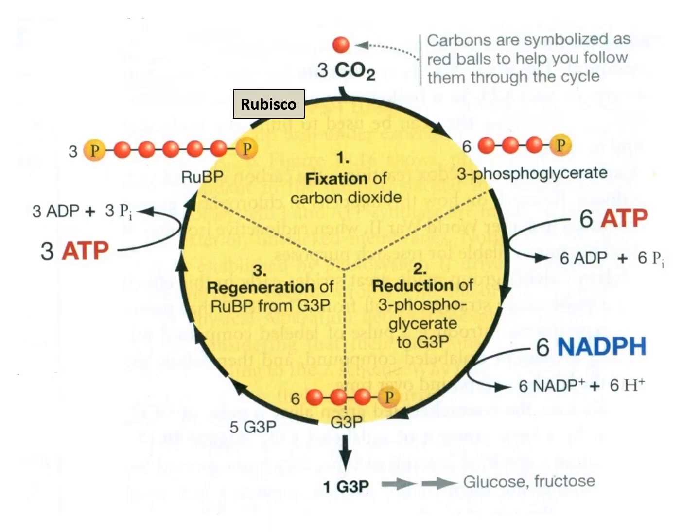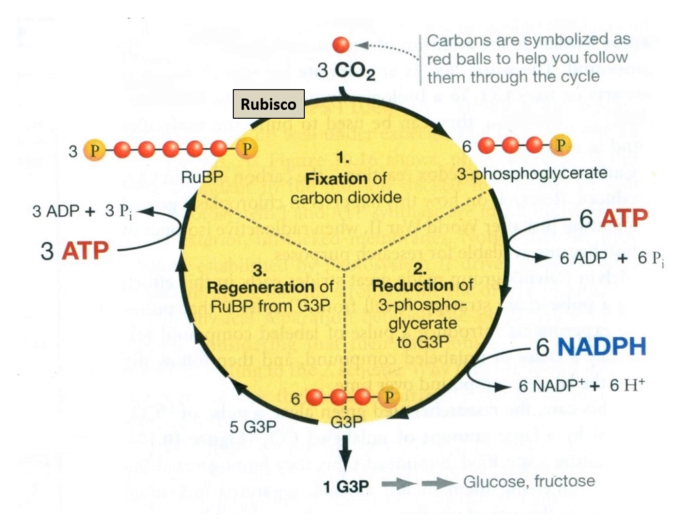This is the overall features of Calvin cycle involving 3 distinguished phases known as fixation, reduction, and regeneration. In the first phase of fixation, it is a process of fixing carbon dioxide.